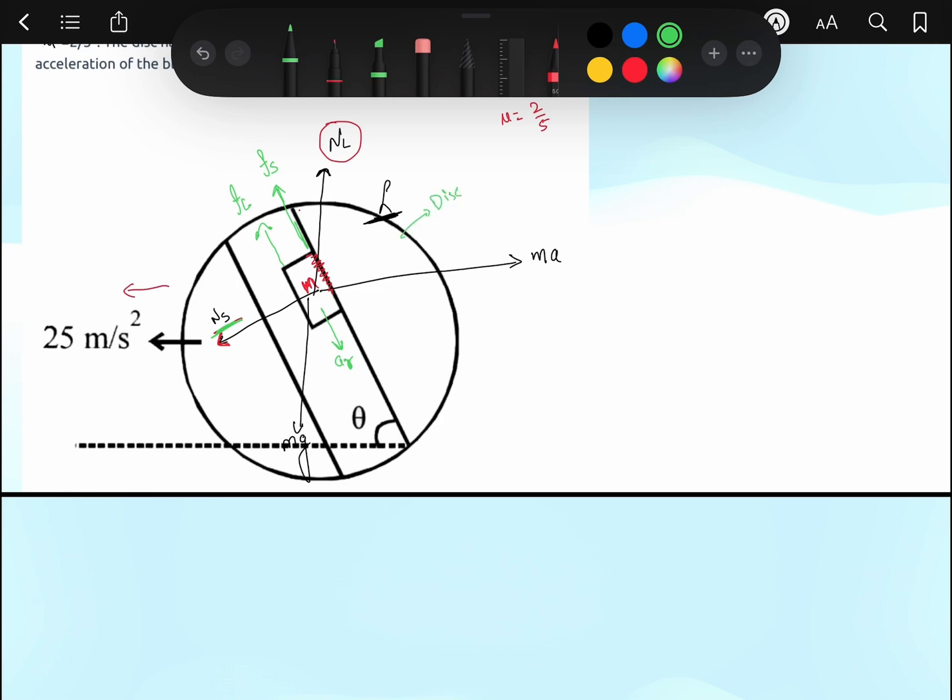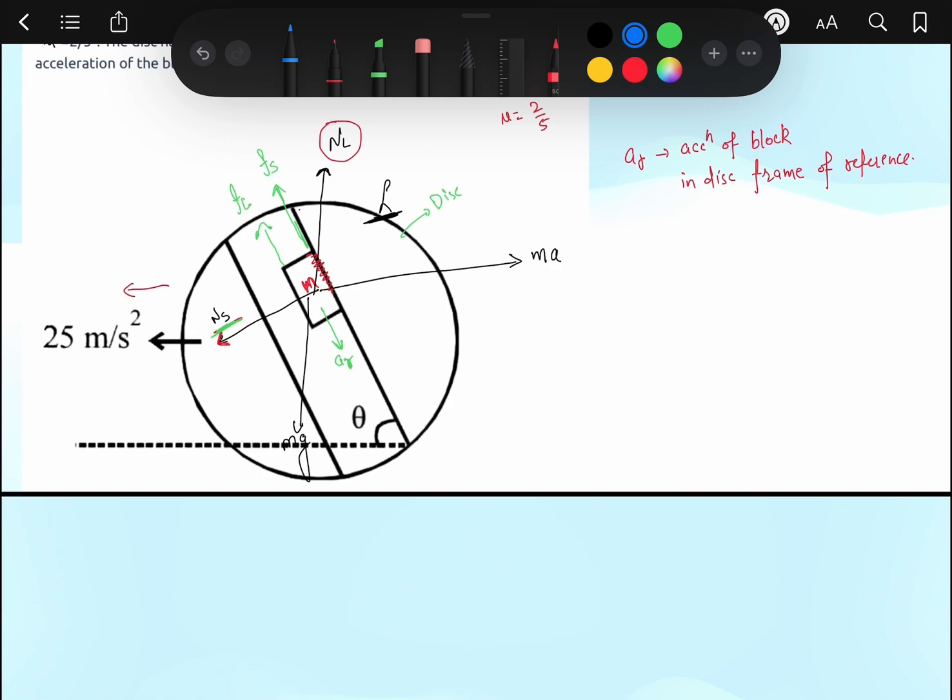So I will write here, this AR is the acceleration of the block in the disk frame of reference. Here I will resolve these forces along the line of motion and perpendicular to it. Then we will write the equation of motion and solve it.